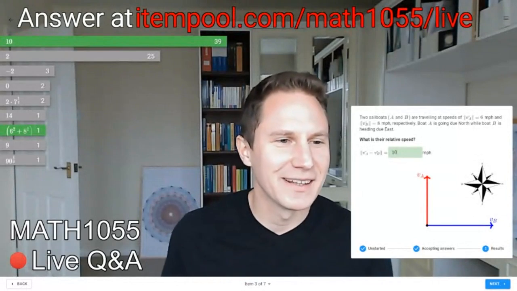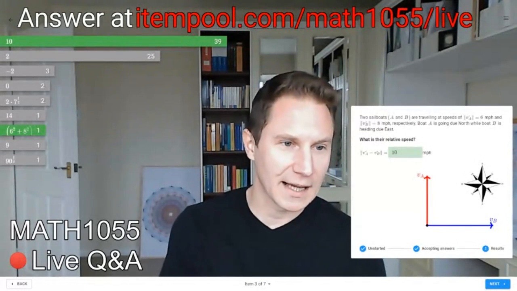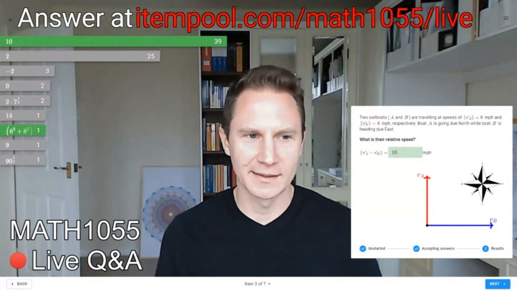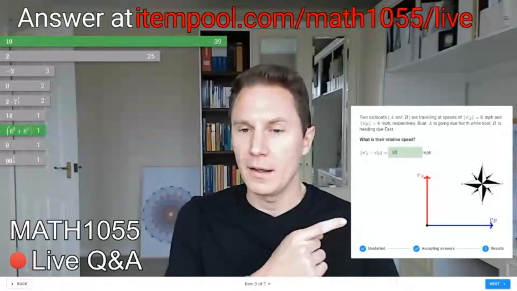Someone has actually experimented with this and written 6 squared plus 8 squared to the power of 1/2, so basically taking a square root. And yes, that was the idea. You had two vectors being perpendicular to one another.